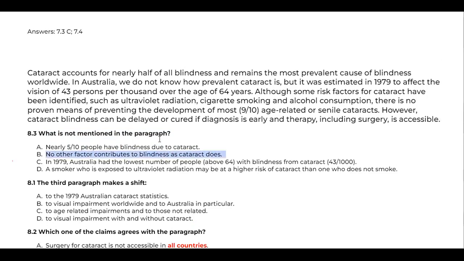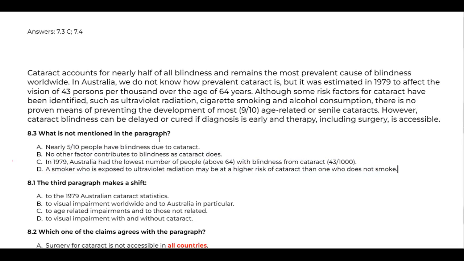In 1979, Australia had the lowest number of people above 64 with blindness from cataract, 43 out of 1,000 people. A smoker who is exposed to ultraviolet radiation may be at a higher risk of cataract than one who does not smoke. Which one is the one that is not mentioned here?